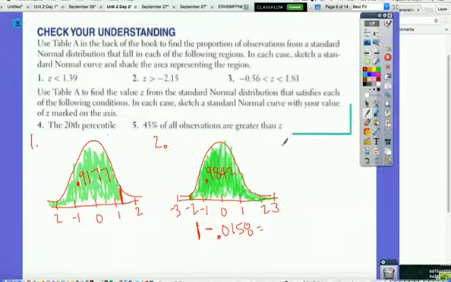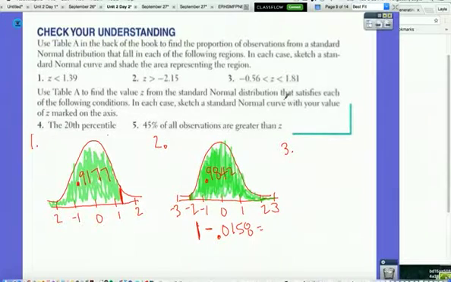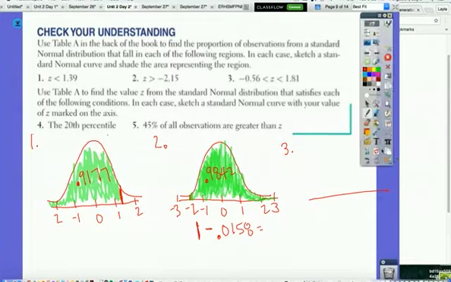All right, for 3, you want to get everything that is between negative 0.56 and 1.81. So you're going to have your standard normal.